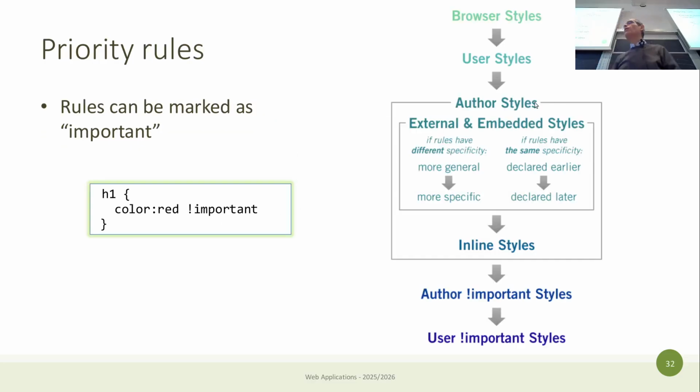Priority rules. I mean, priorities is difficult in CSS because there is this cascading system, but also you can make rules with higher priority, like exclamation mark important changes the order, okay? So even if it's in the external CSS, it gets priority and so on.